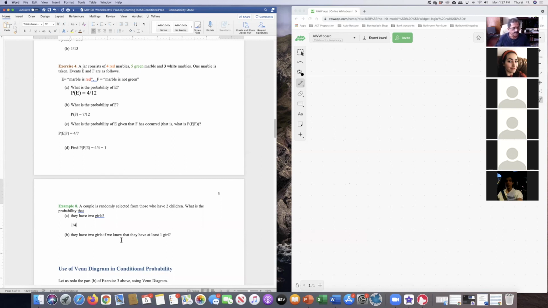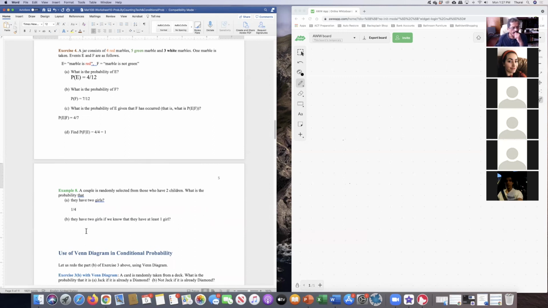For the first part. The second part is, what is the probability they have 2 girls if you already know that they have at least 1 girl? All right, then if you already know that they have at least 1 girl, then our sample space becomes GB, BG, right?